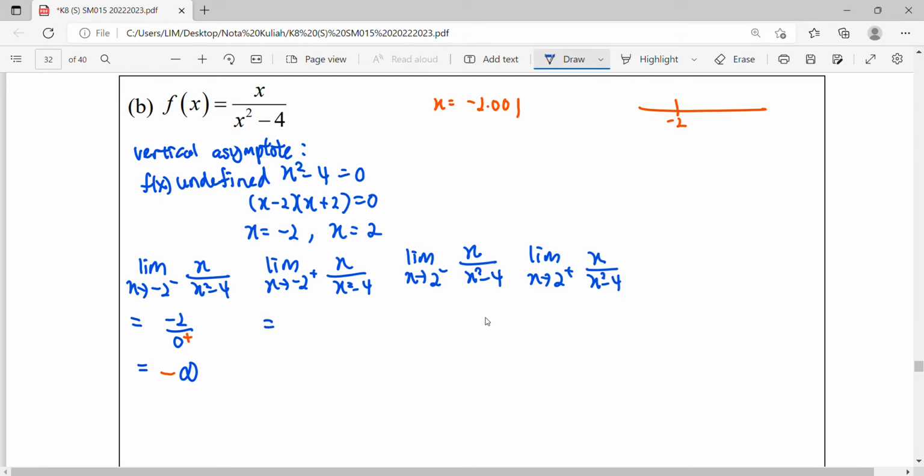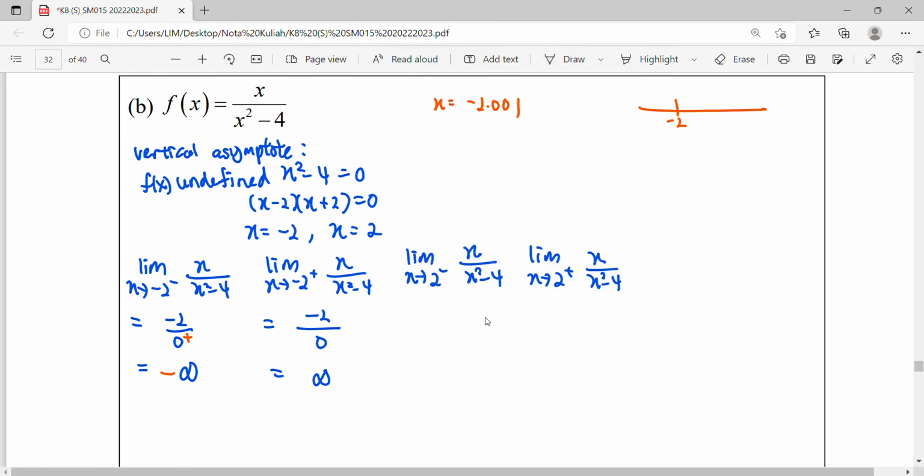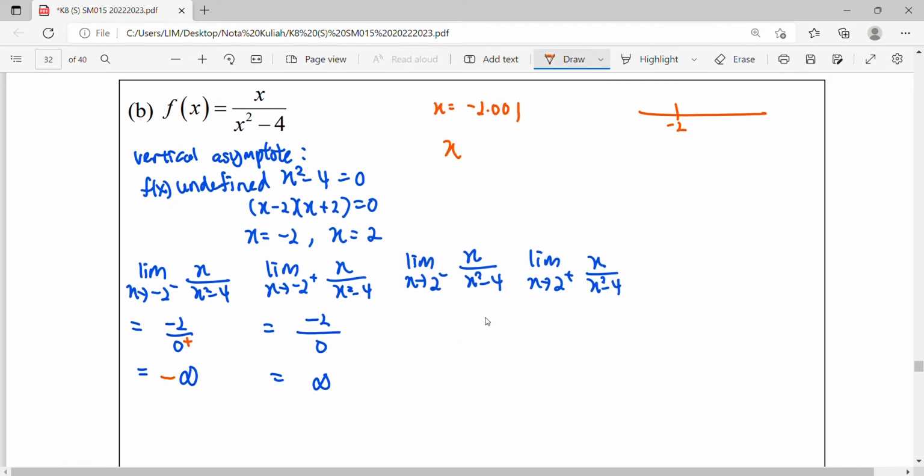So proceed. When x approaches negative 2 from the right hand side, your testing value is on the right hand side here. So x is negative 1.99. Substitute negative 1.99 in your denominator here, which is 0. We want to figure out if this is negative 0 point something something or positive 0 point something something.